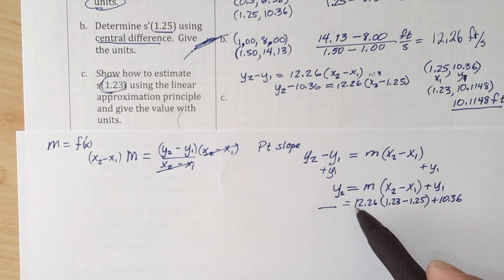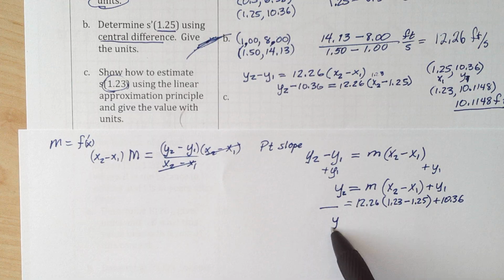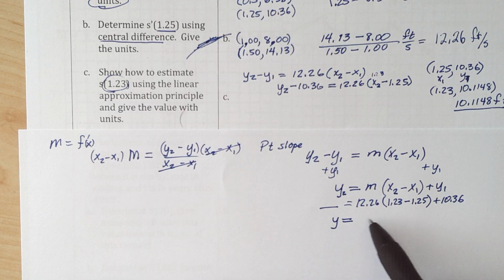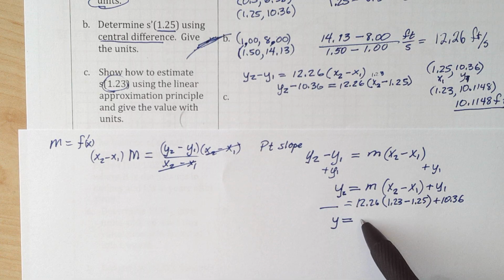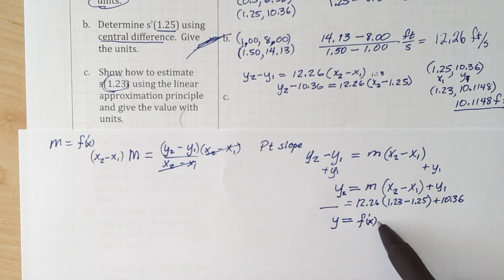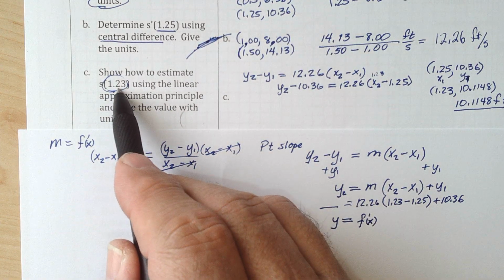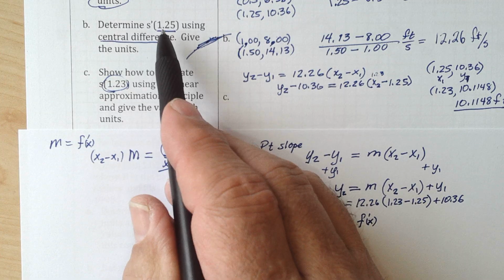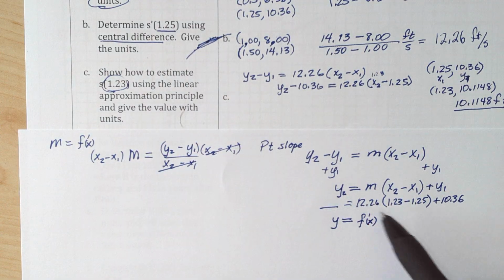Now the book writes this as if you want to find a y value for some other x value close to some place, you use the slope near that place that you're trying to find it at. Remember, we were trying to find at 1.23. The slope near it, it's at 1.25, and we use that slope.